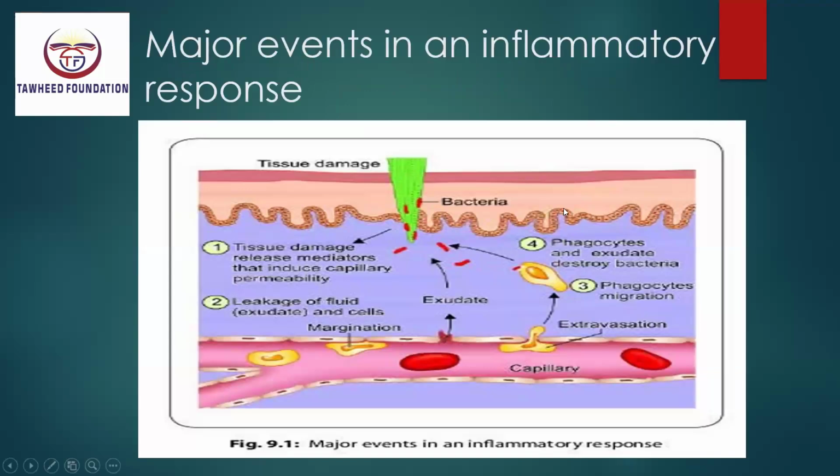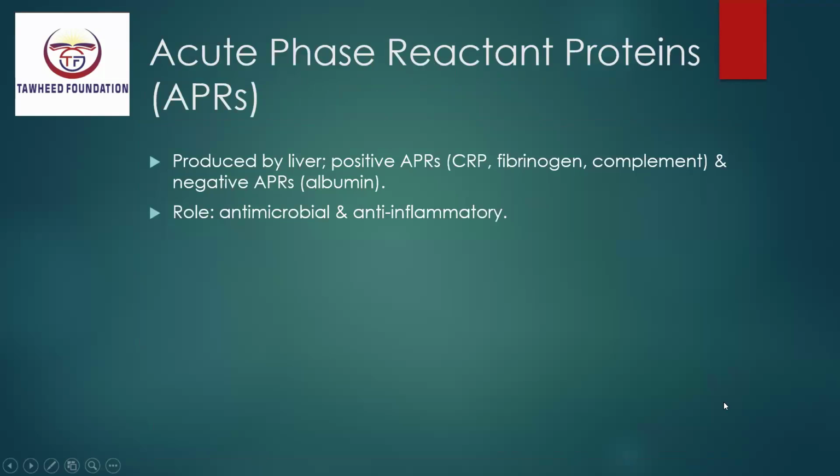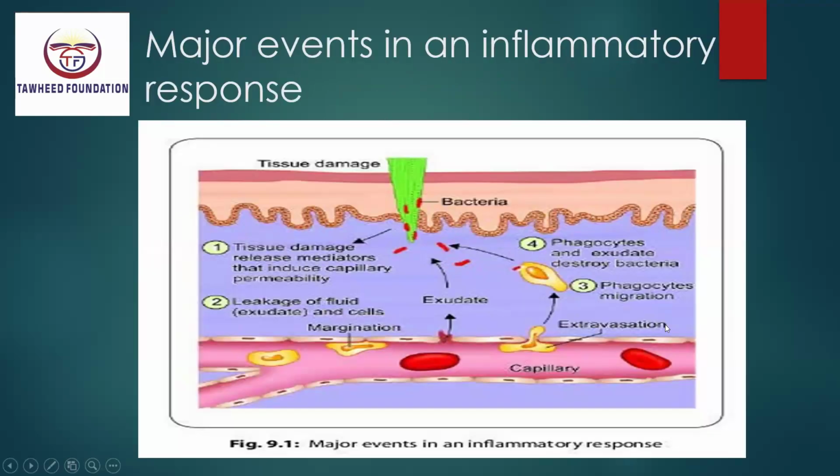Major events in inflammatory responses. So this diagram illustrates the major events in an inflammatory response after tissue damage, specifically when bacteria invade through a break in the skin. So first, tissue damage and release of mediators.